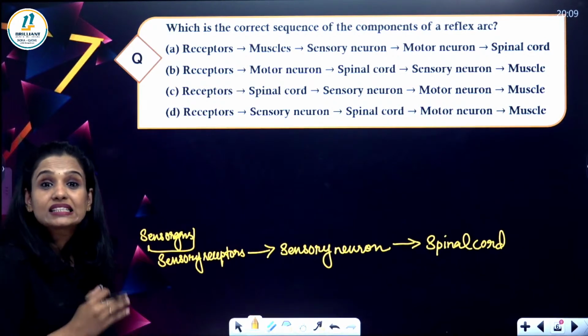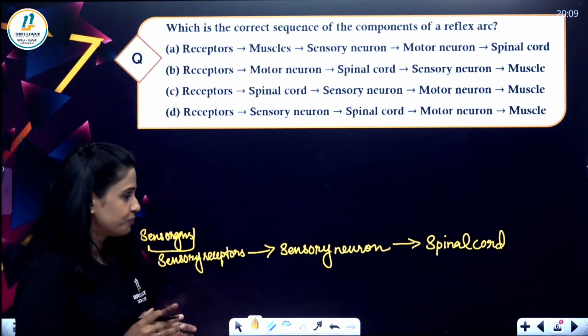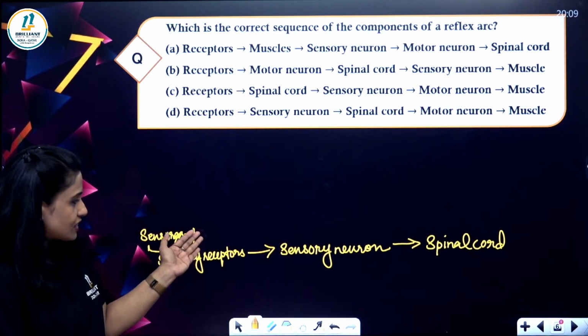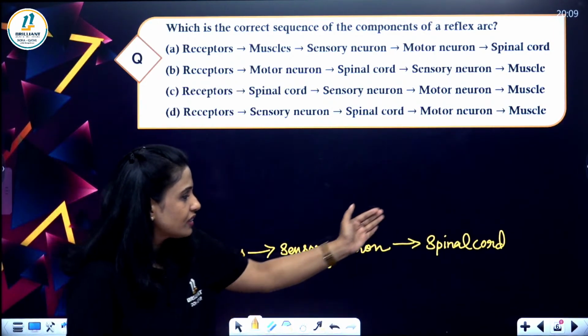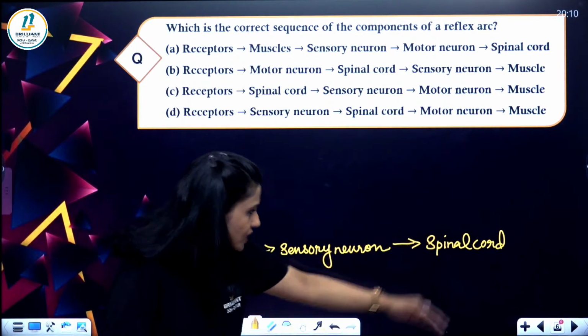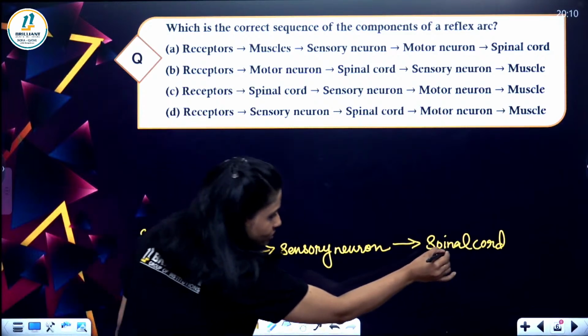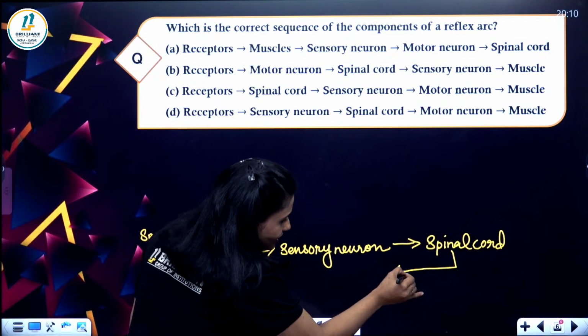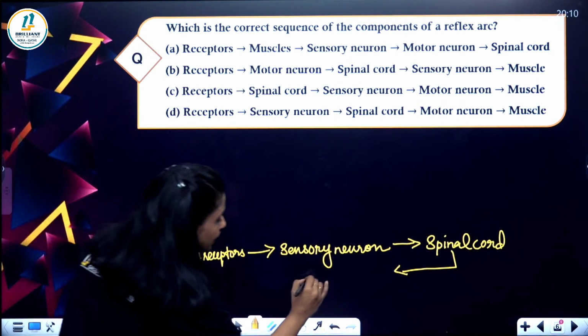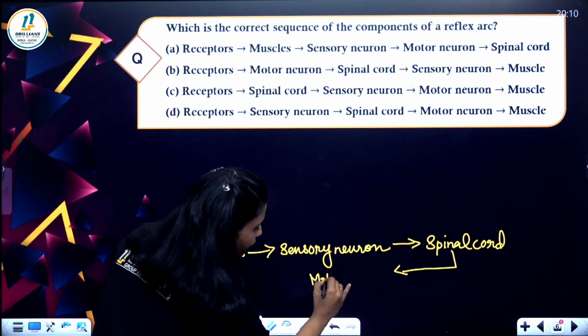Spinal cord is the center of reflex action. So here, sensory receptors to sensory neuron, and from sensory neuron to spinal cord. Okay, from spinal cord it is carried by the motor neuron.